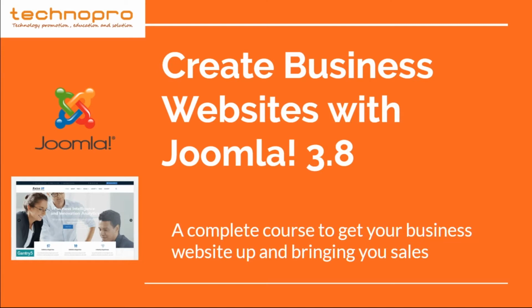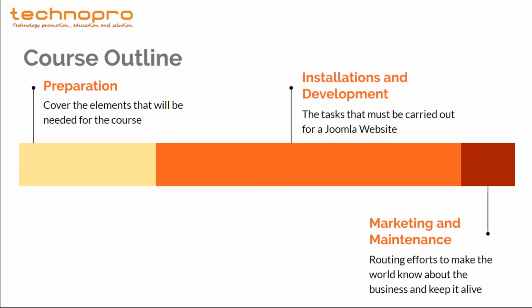All right. Having said so, let's look at the outline of the course. We'll have three phases: a preparation phase, an installation and development phase, and a marketing and maintenance phase. In the preparation, basically, we will do some planning, finding the best elements that we will need, and jump to the installation and development.